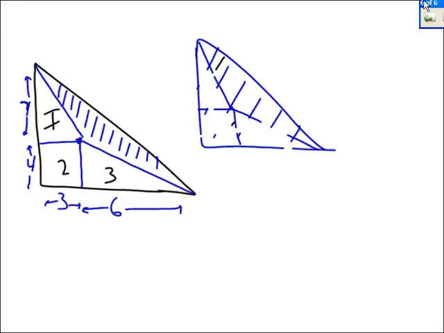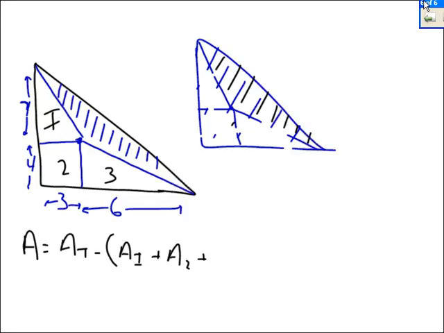I have the exact area that I'm asking for. So the area that we want is the total area minus area 1, and then I went into regular digits, not Roman numbers. Area, because the total area minus the first area plus the second plus the third.